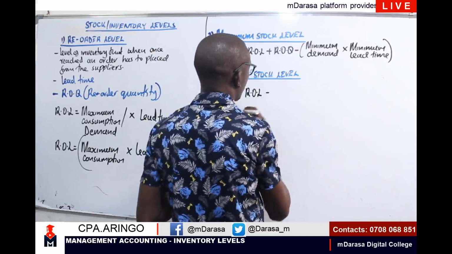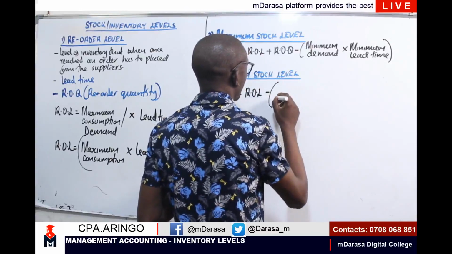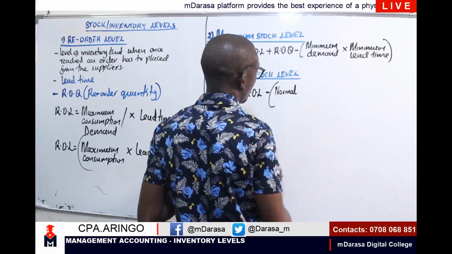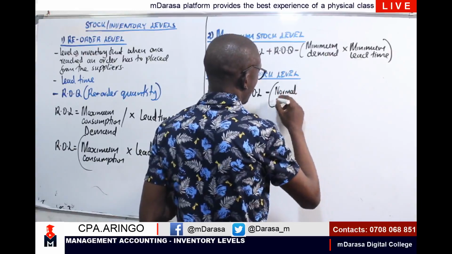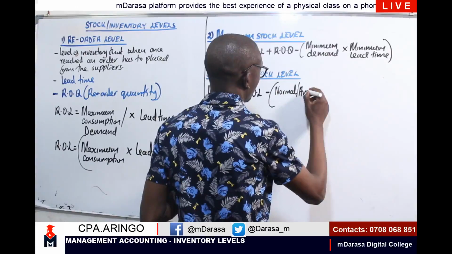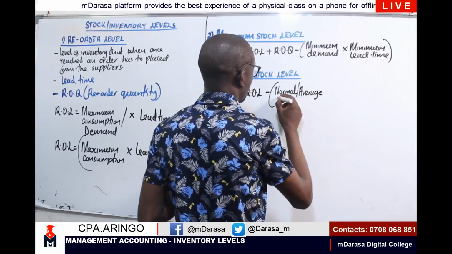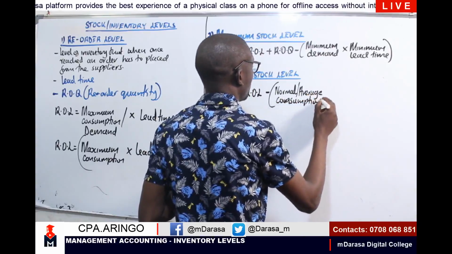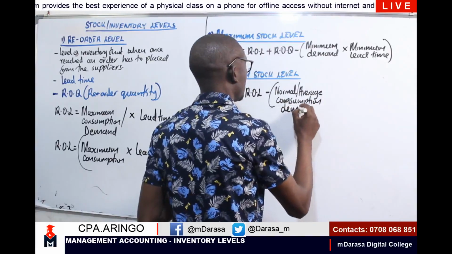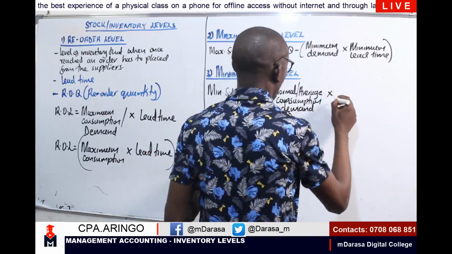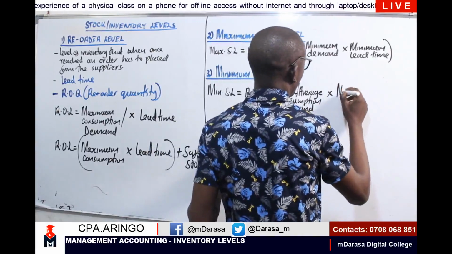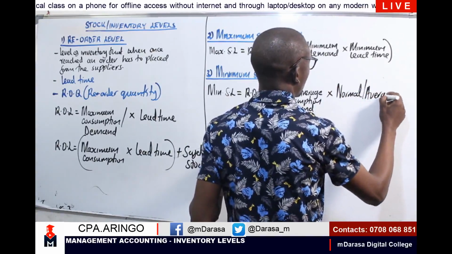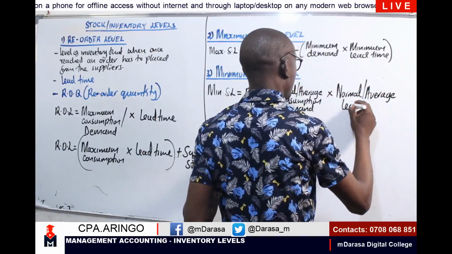We deduct the normal or average consumption, or demand, multiplied by the normal or average lead time.